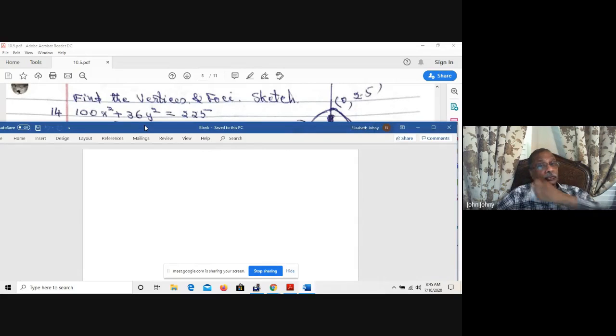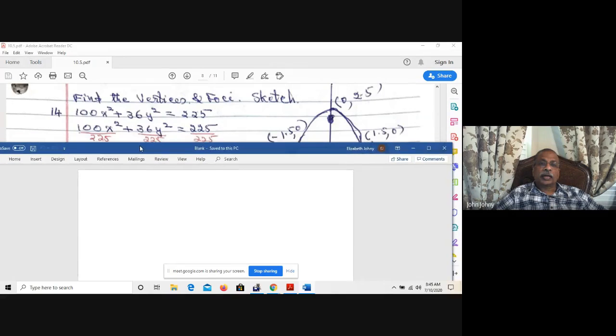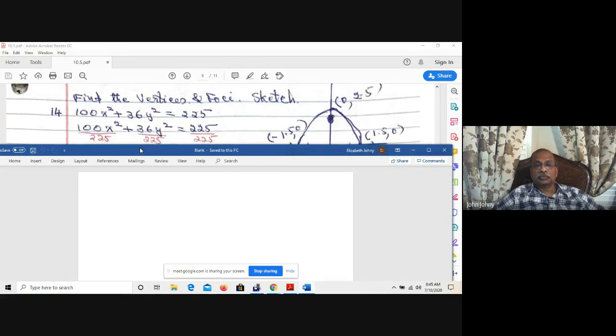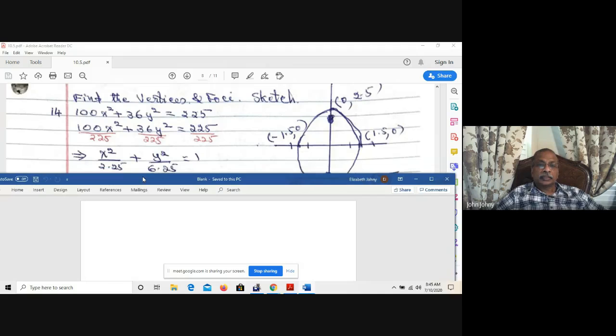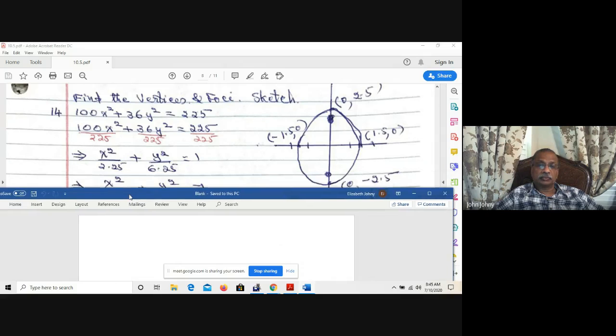So what you have to do is divide both sides by 225 to make the right side a 1. So (100/225)x² + (36/225)y² = 225/225. That is x² divided by 2.25, since 225 divided by 100 is 2.25. x²/2.25 + y²/6.25 = 1.